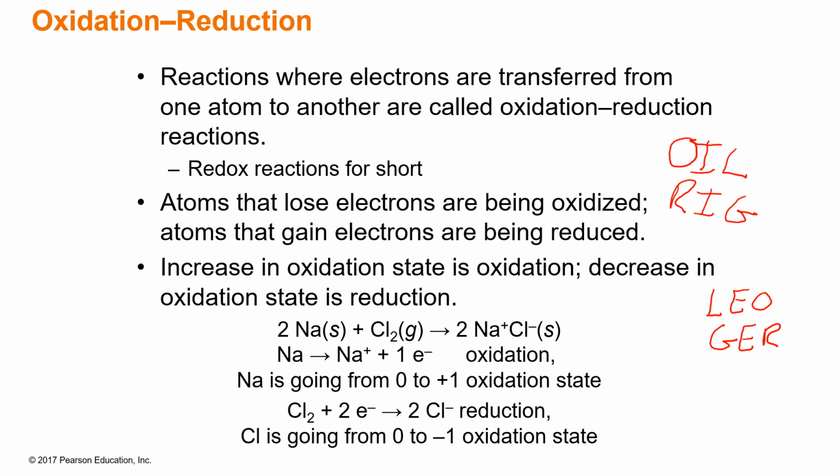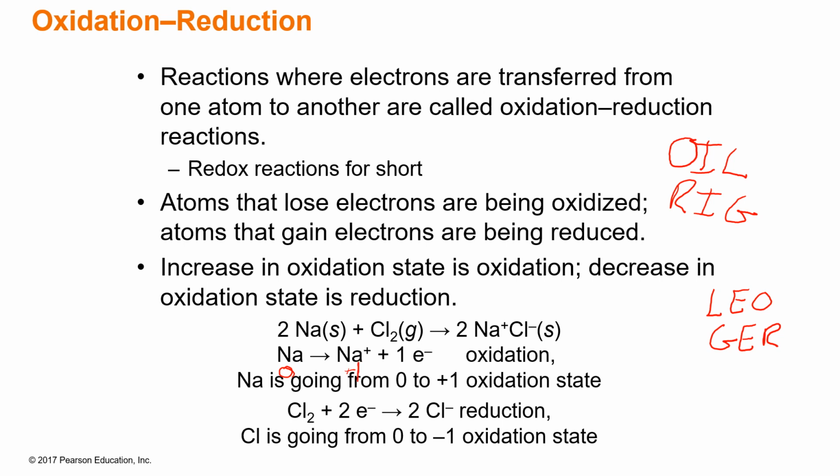So if we increase an oxidation state, it is oxidation. If we decrease it, it is reduction. So we have an example where we're taking sodium metal and chlorine gas producing sodium chloride. If we look at sodium, it is going from an oxidation state of 0 because it is the elemental form. So our oxidation state is 0, and we lose an electron, becoming a +1 oxidation state.